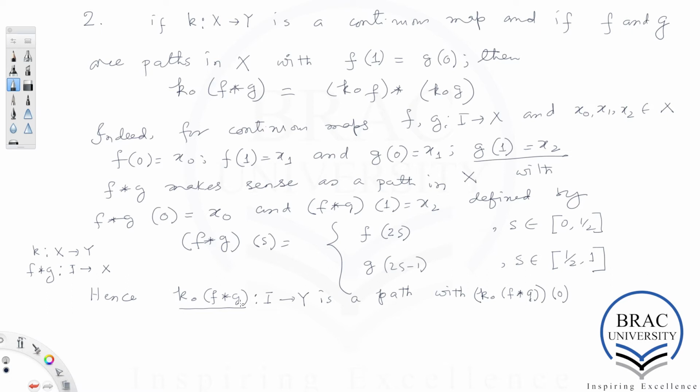which is, we have seen that F star G evaluated at 0 is X0. Okay, so K composed with F star G evaluated at 0 is going to be K of X0.